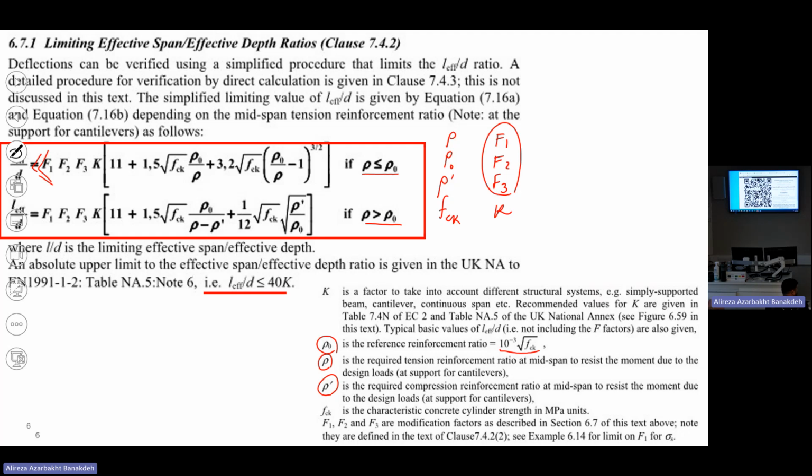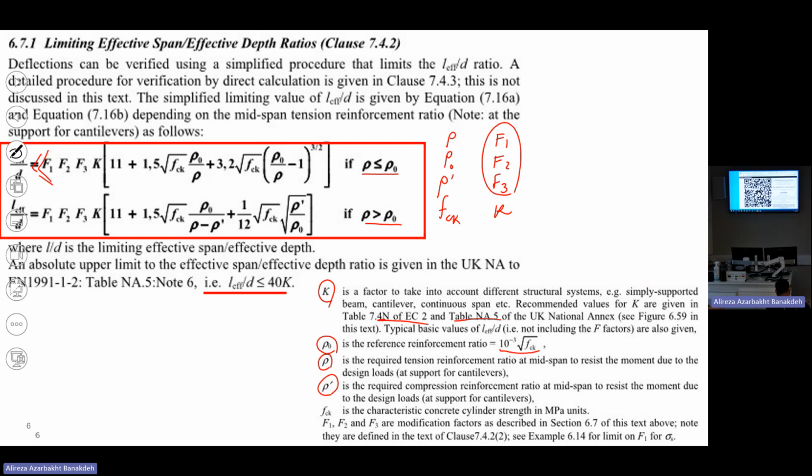It's here, K. It's a factor to take into account different structural systems. It will be given in a table, in the national annex or in the Eurocode. I will provide them in the next slide. So all together we have 8 parameters to calculate this formula.